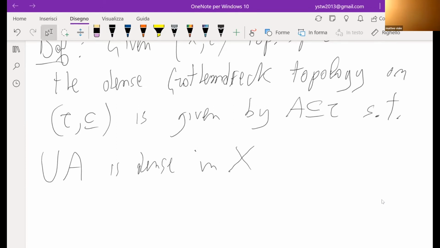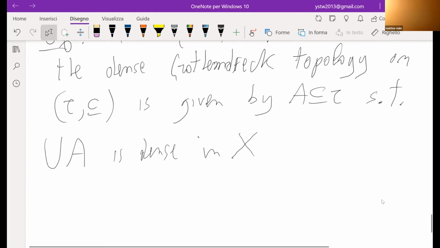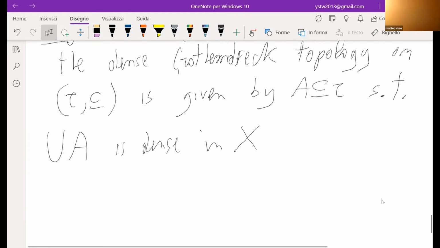You take the union and you get a dense open subset. So this is the dense Grothendieck topology.